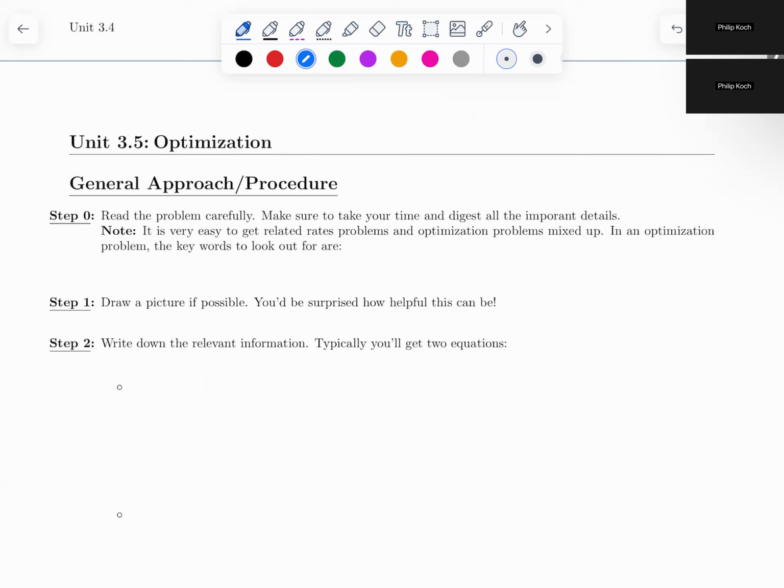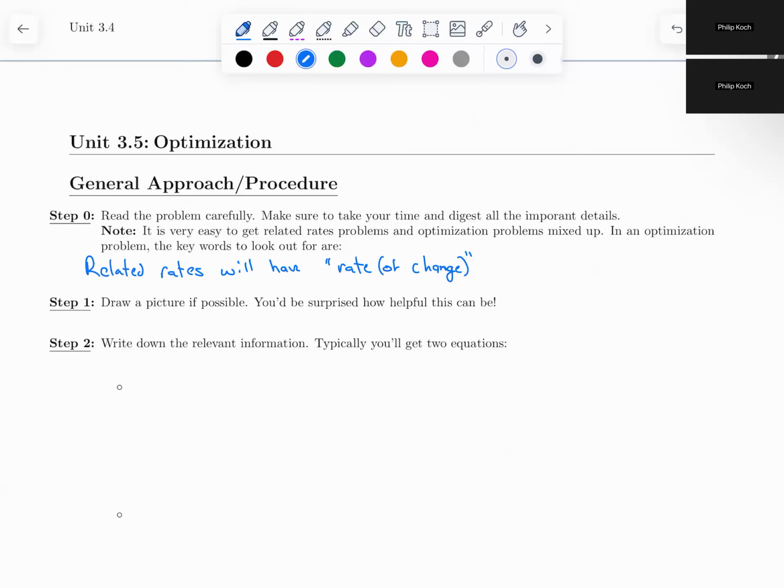Related rates will have, quote unquote, rate (of change). So if you see find the rate or find the rate of change of blank, that's a related rates problem.